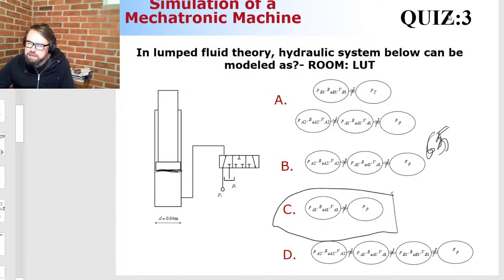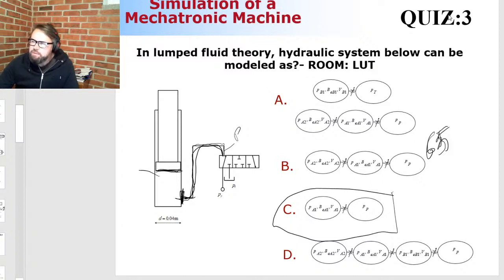It's correct because it is assumed that this hose line is connected to the cylinder in such a way that there are no pressure losses whatsoever, meaning that the pressure here is exactly the same as the pressure here. Sometimes, because of these connections, there may be minor pressure losses, but typically you can make this assumption.